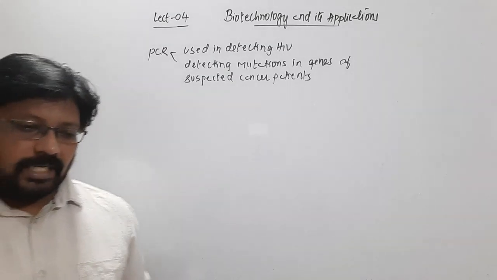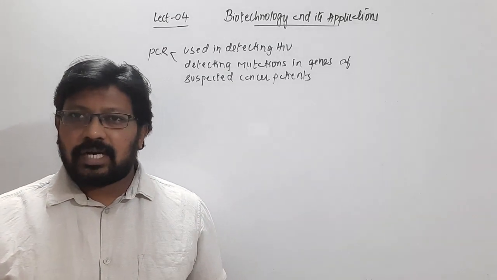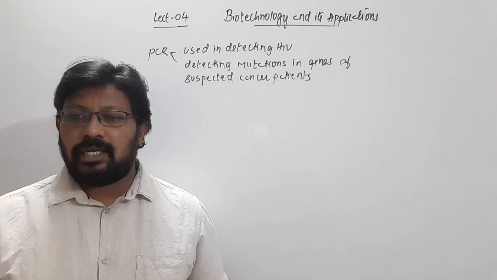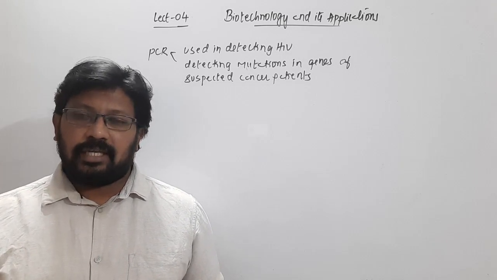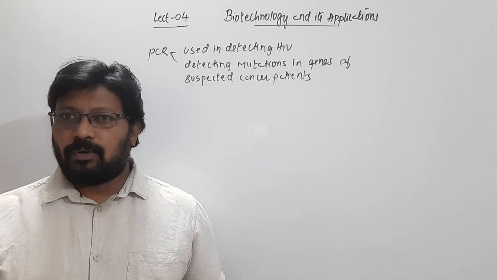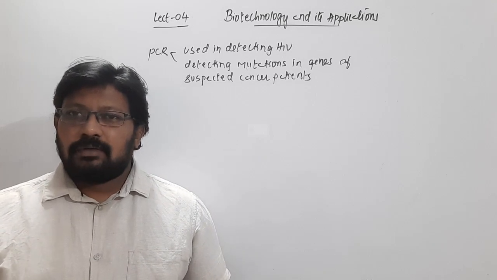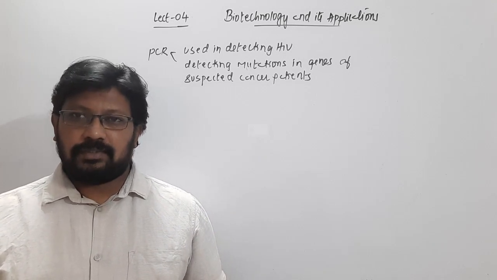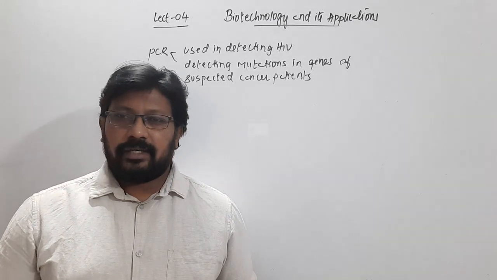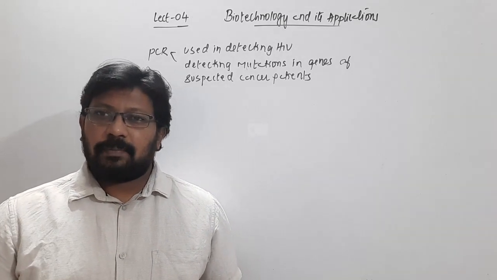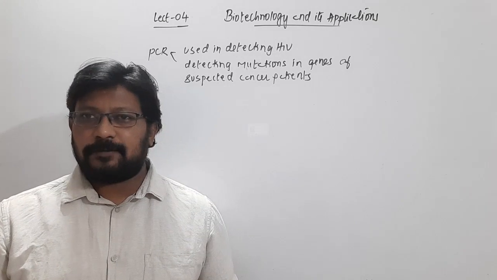So you take a single stranded DNA or RNA that is radioactively labeled, and that is called a probe. The probe will have the normal sequence of that particular gene. It is not mutated; the original gene sequence will be present.